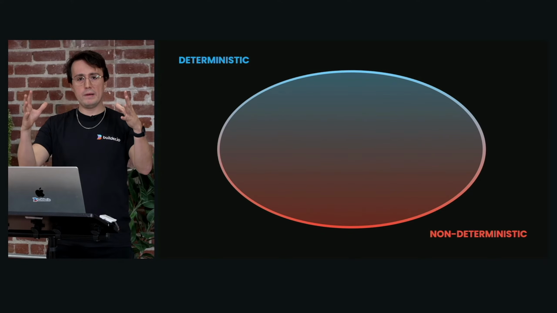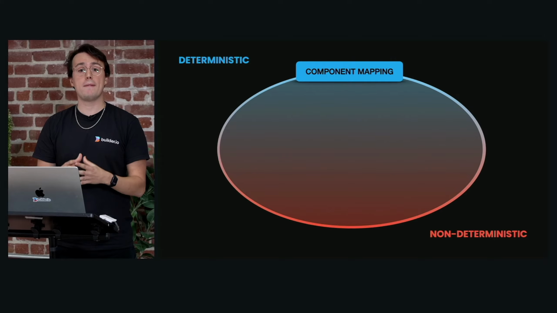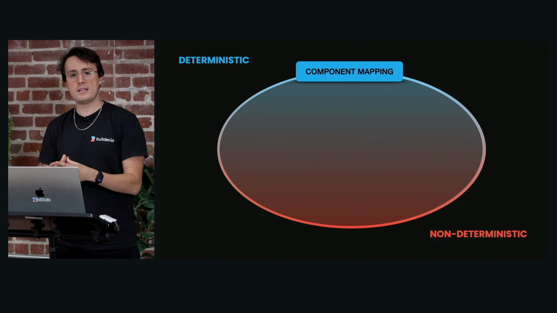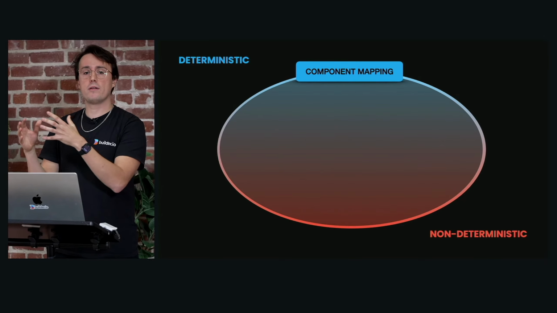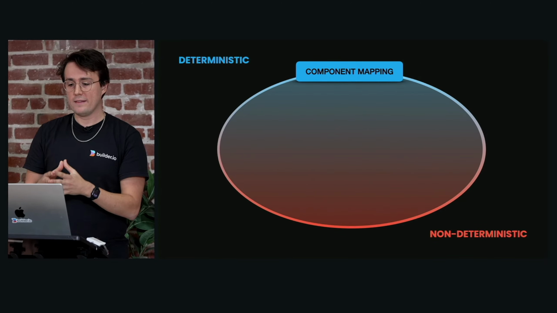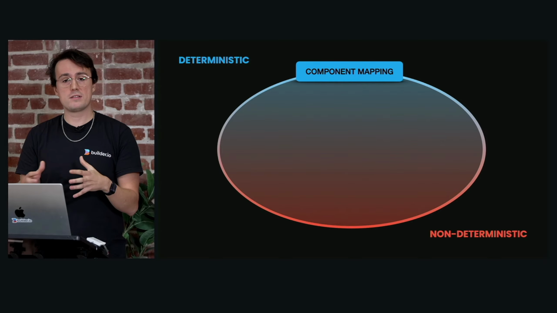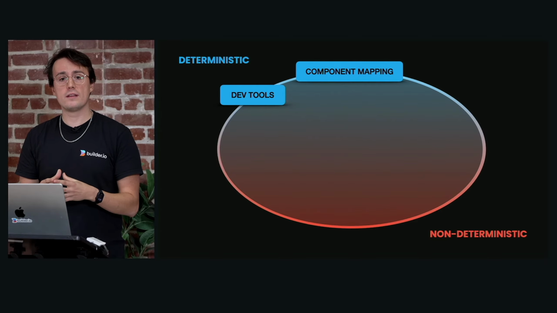First, we built a lot of deterministic systems. One of them is component mapping. This is a declarative syntax that companies can use to map Figma components back to the React, Vue, or Angular components that they might systemically have. This is 100% reliable. It will not suffer from the hallucinations that an LLM might have. We also built a very powerful CLI.